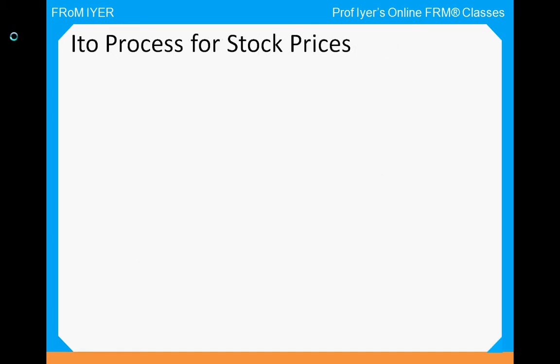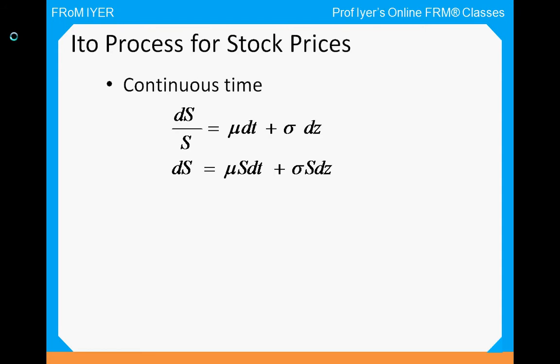Now let's look at what is the Ito process for stock price. Again, a very key idea in quantitative finance theories. In continuous time, it is represented by this differential equation: ds by s is equal to mu dt plus sigma dz. Now this is also known by the familiar name geometric Brownian motion.